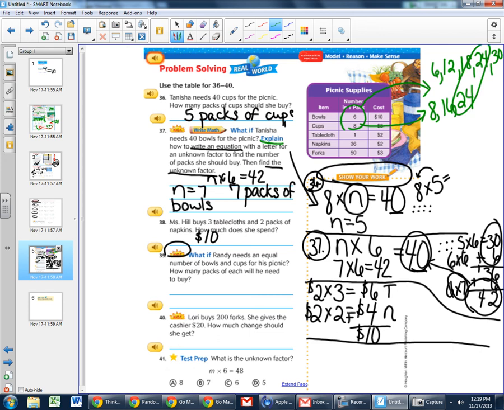So I want 24 of each. So how many packages of bowls is he going to need to buy? Here's 1, 2, 3, 4 packages of bowls.